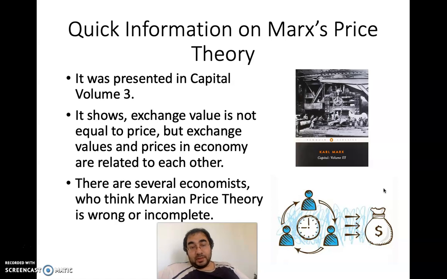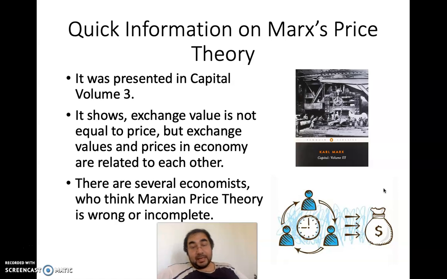But of course, between me and him, there has been more than a century, and I have the ability to read several different arguments and views on Marxian price theory. And that, I think, has given me the advantage to look at Marxian price theory from a different angle.